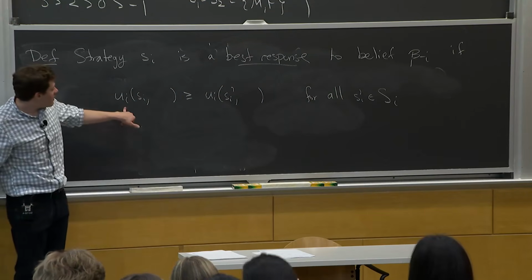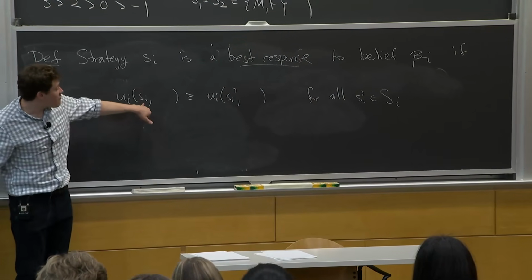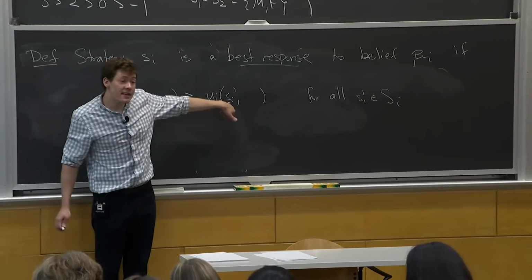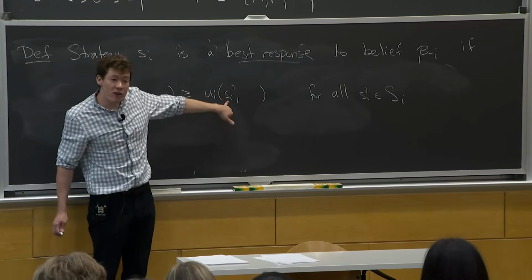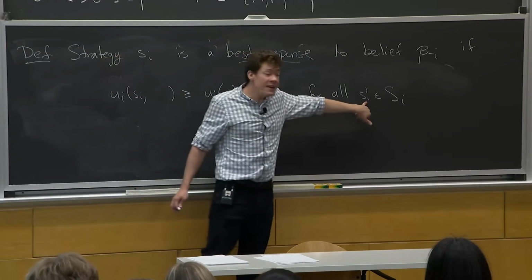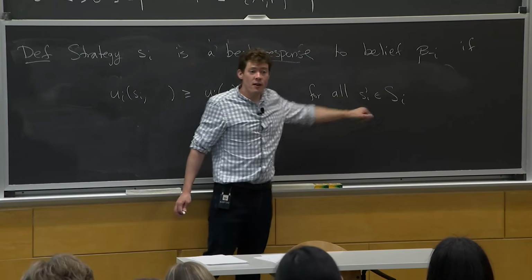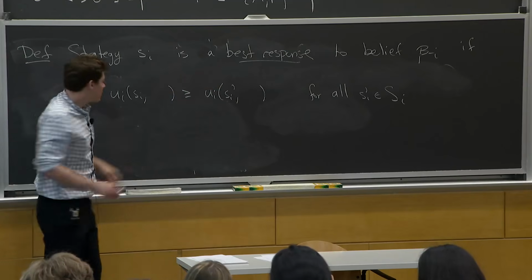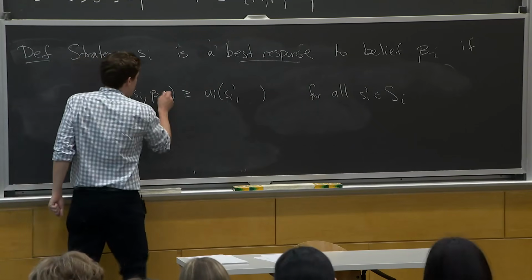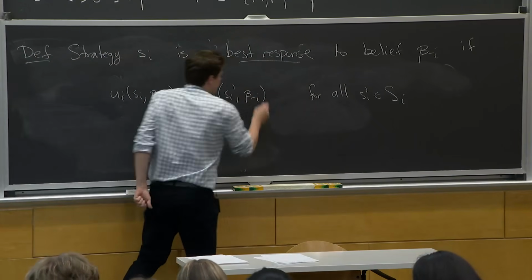I'm player I. I'm comparing the utility that I get from Si to the utility I get from Si prime. And I want Si to be better than Si prime for any Si prime that I contemplate. But what goes in here? Well, what goes in here is the fixed belief that I have. So this is beta negative I, and this is beta negative I.